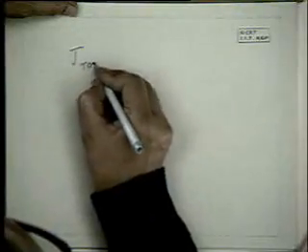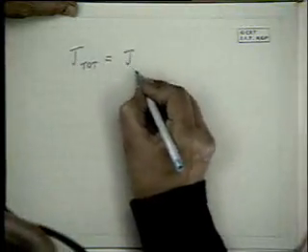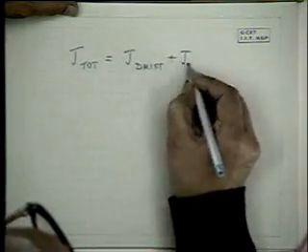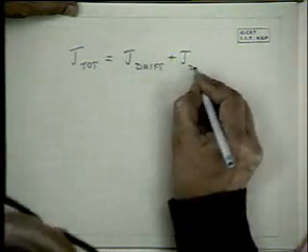So what is the total current? The total current density is drift plus diffusion.